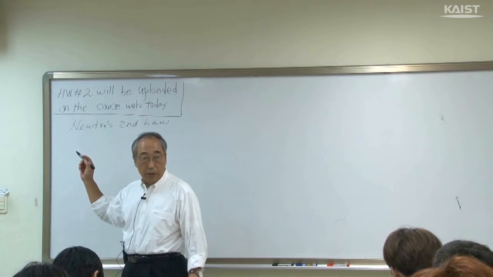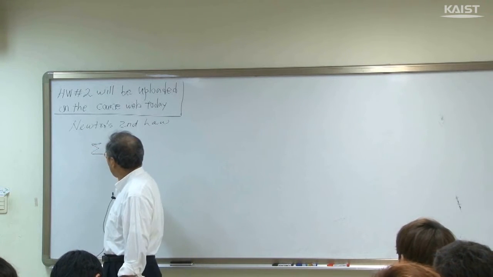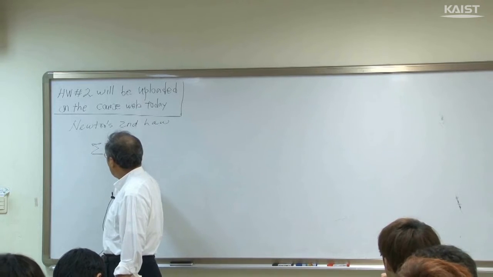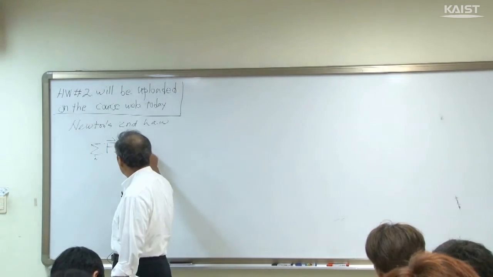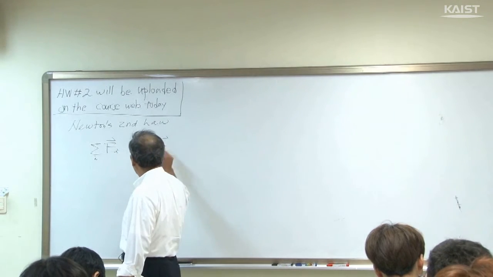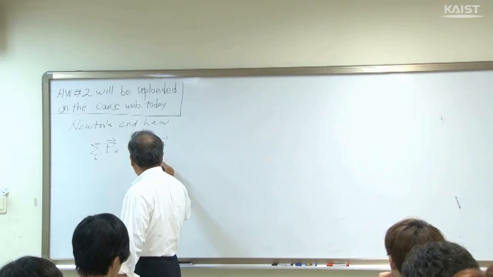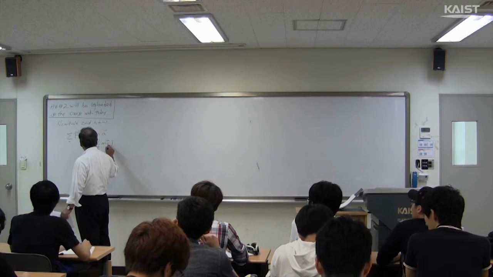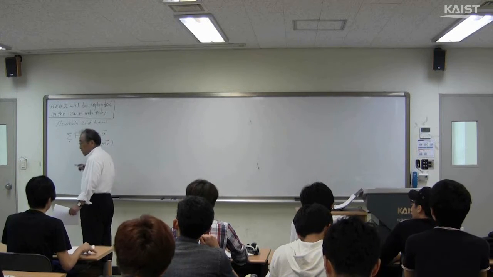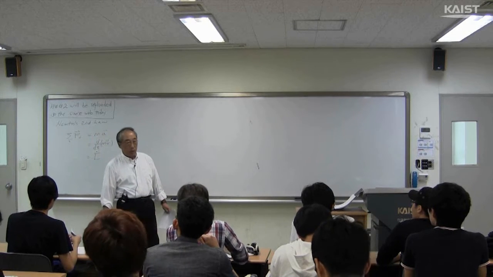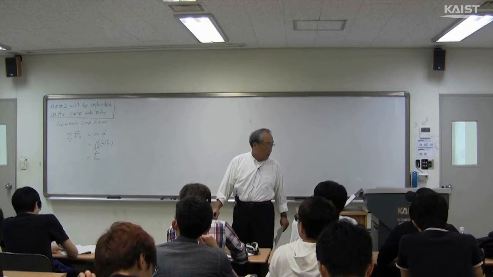Mathematically, it's rather easy to write down Newton's second law: the summation of all the forces acting on the mass induces some motion, or we could say momentum change. We sometimes write the linear momentum change with respect to time like that.